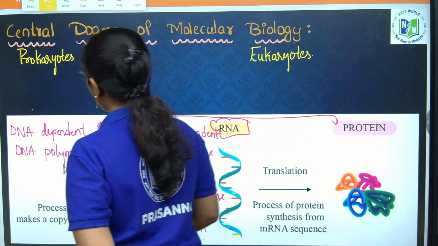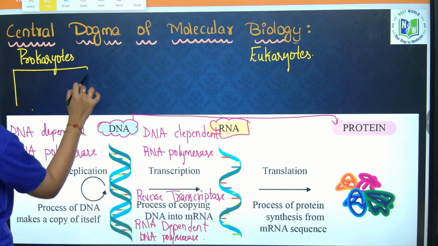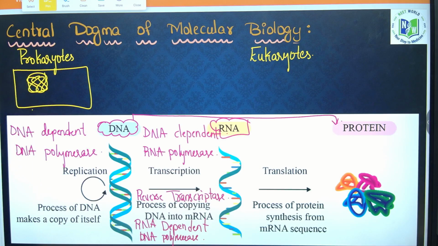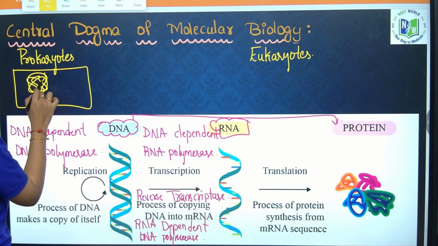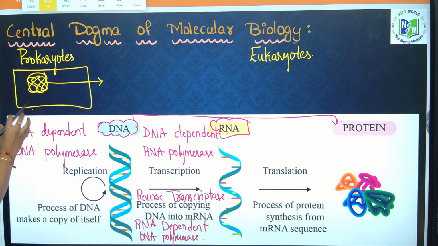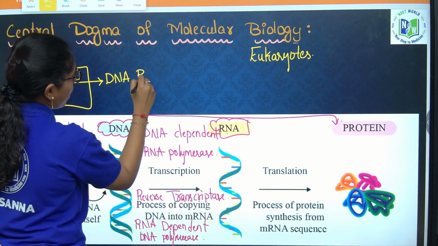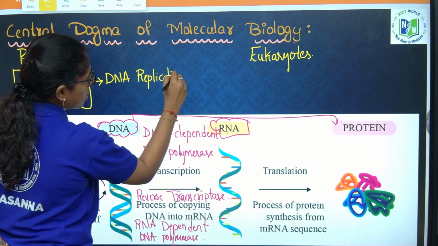In prokaryotes, as there is no membrane bound nucleus, the DNA is in the form of nucleoid, which is non-membrane bound. Inside this nucleoid, DNA replication happens.